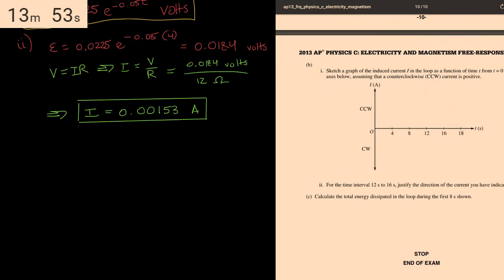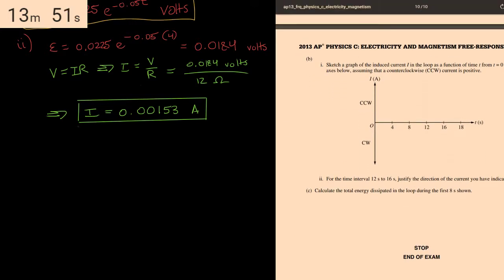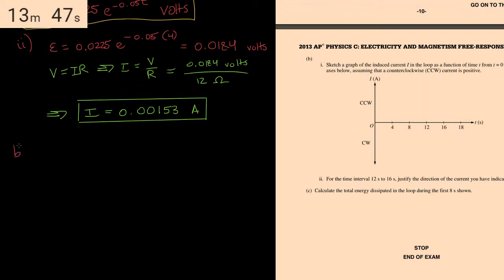Part B. Oh wow, only 3 parts on this question. Part B is going to be to sketch a graph of the induced current I in the loop as a function of time from t equals 0 to t equals 18 seconds on the axes below, assuming that a counterclockwise current is positive. Let's get ourselves some nice axes to work with.